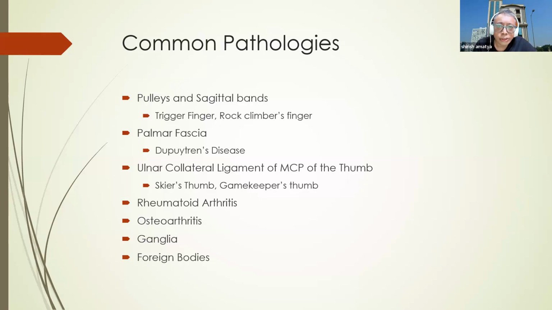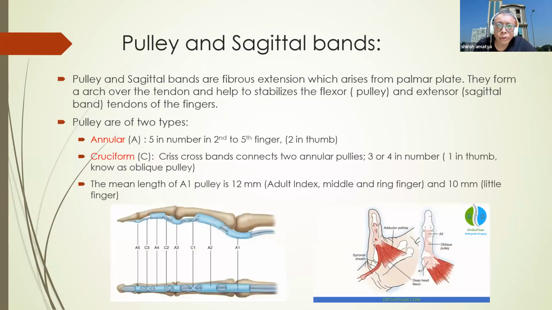Without wasting your time, I'll start with pulleys and sagittal band. These pulleys and sagittal band are basically fibrous extensions from the palmar plate. The palmar plate is a ligament present on the volar aspect of the hand, over the metacarpophalangeal joint as well as the proximal interphalangeal joint.